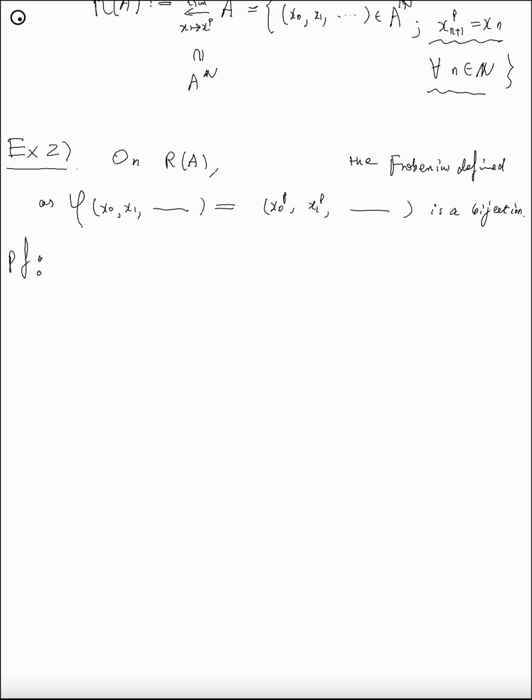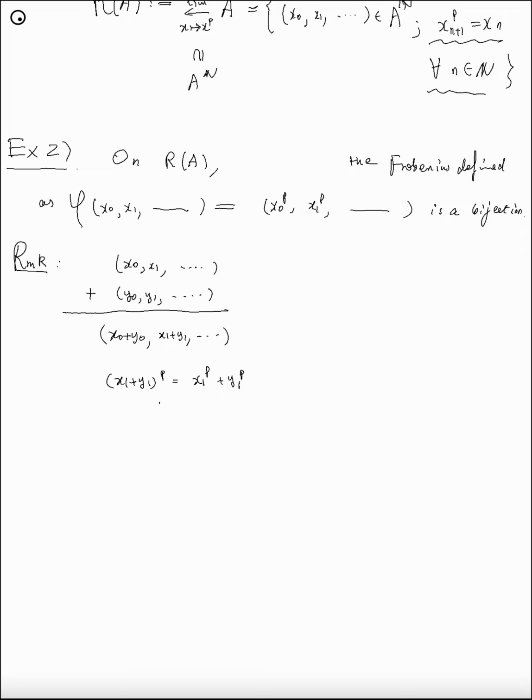Let me put a remark: if you have x0, x1 and y0, y1, and I simply define this to be component-wise, then it's okay if the characteristic is p.